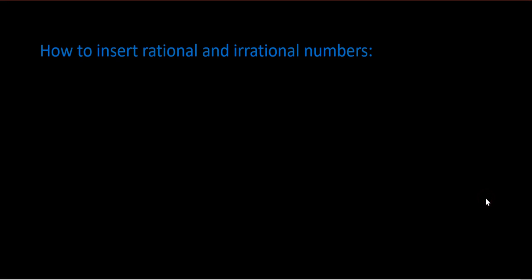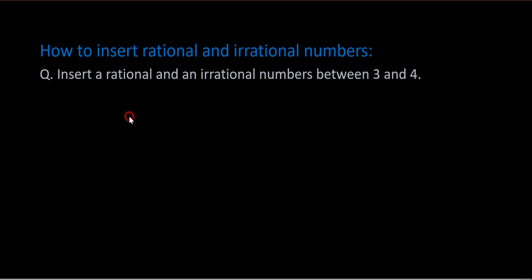Now next we have how to insert rational and irrational numbers. So the question we have: insert a rational and an irrational number between 3 and 4. Now what we do, in the previous session we learned how to find rational numbers.